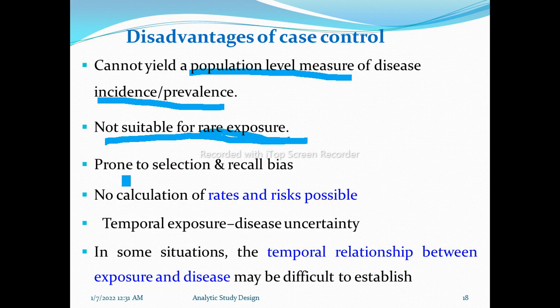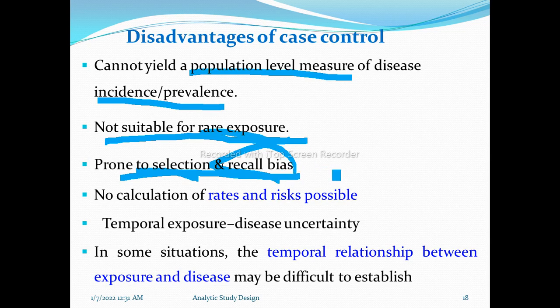So prone to selection or recall bias, since mostly case controls are performed in the hospital. Selection bias may happen, and also recall bias is the most common, because exposures are asked, individuals are asked for exposure previously, going back in time.